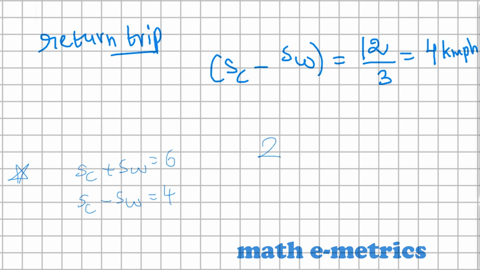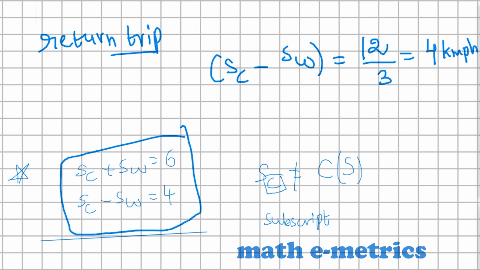Just two, SC and SW. SC doesn't mean S times C, C is just a subscript. How many methods are there to solve linear equations? Two.